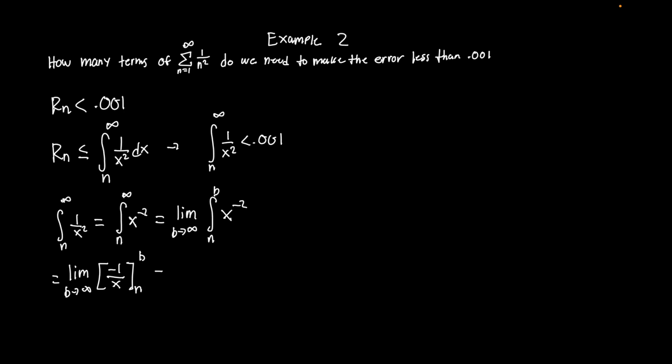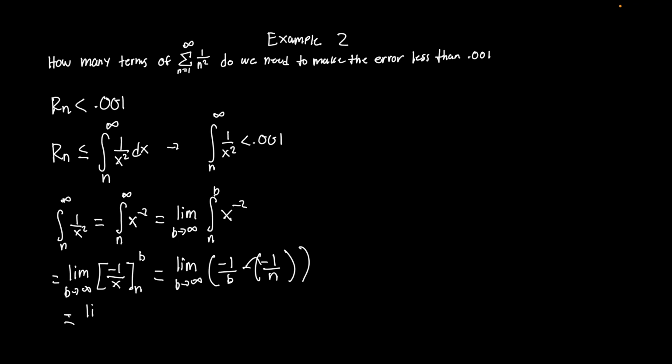So it's negative 1 over b minus negative 1 over n. Again, distribute the parentheses. This becomes a positive 1 over n. I'm going to move this to the front like I always do.